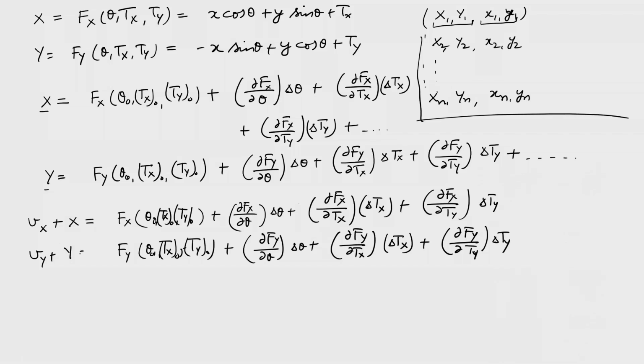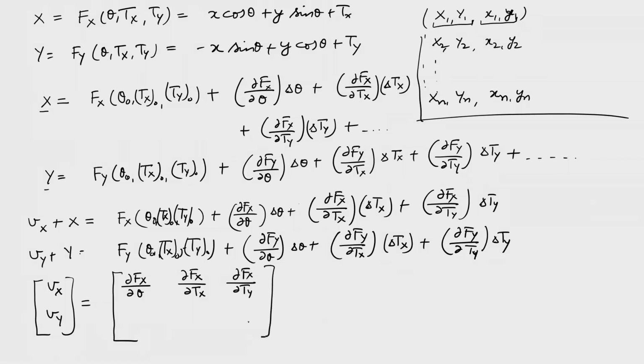Let us construct our V equal to Ax minus L, where let me show you the V matrix here. So this is the V matrix, ∂fx/∂theta, ∂fx/∂Tx, ∂fx/∂Ty, ∂fy/∂theta, ∂fy/∂Tx, ∂fy/∂Ty into delta theta, delta Tx, delta Ty.